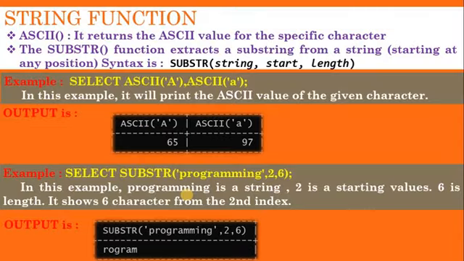Then the SUBSTRING function. The SUBSTRING function extracts a substring from a string. Here we have to pass 3 arguments: the string, the starting index, and the length. For example, see the query.